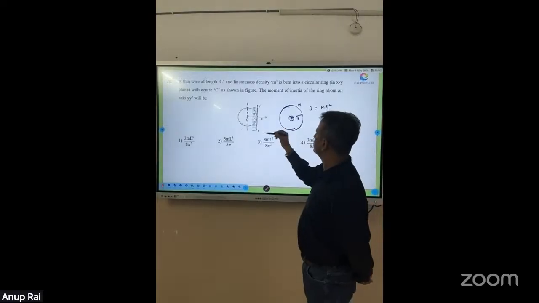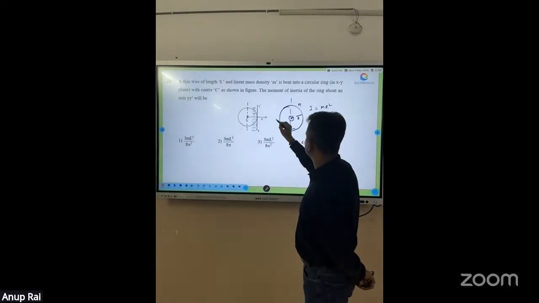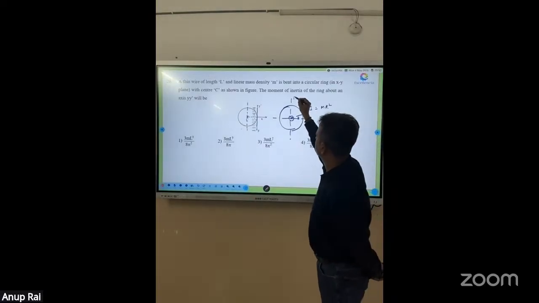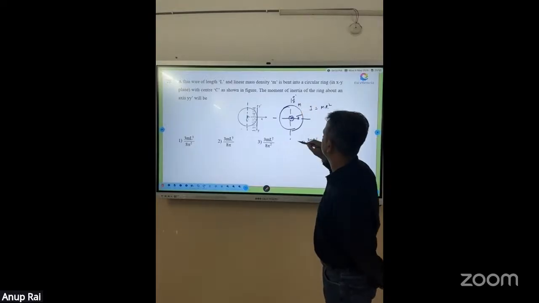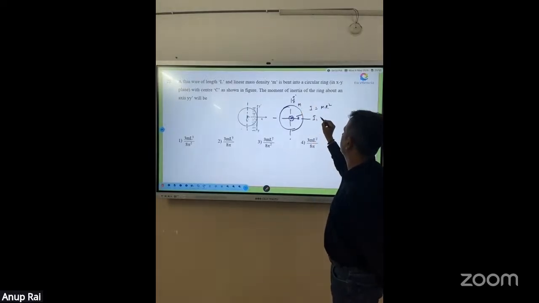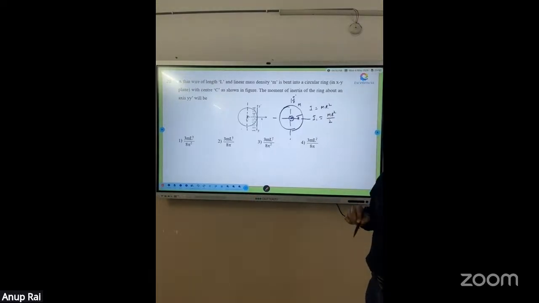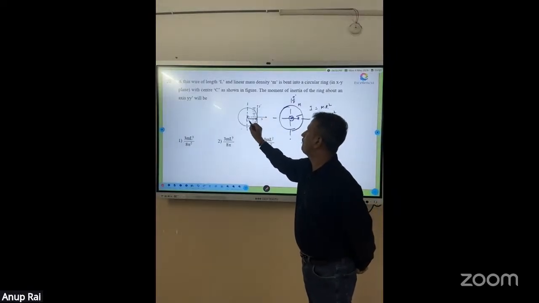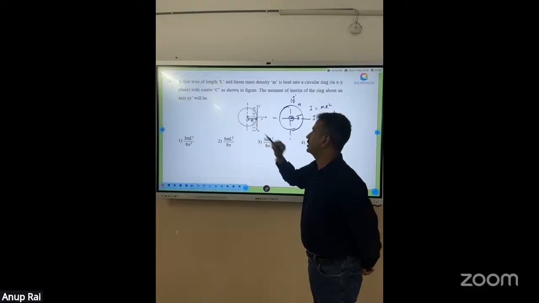Now, if you use the perpendicular axis theorem, since these two are equal, the moment of inertia about this axis, let me say I1, will become mr square by 2 by using the perpendicular axis theorem. Once you reach there, this distance is r, so you can use the parallel axis theorem.